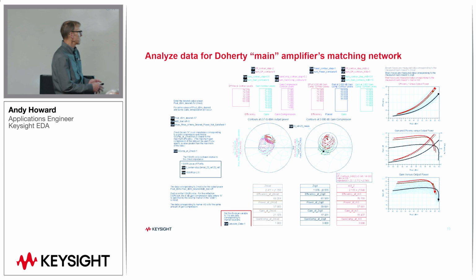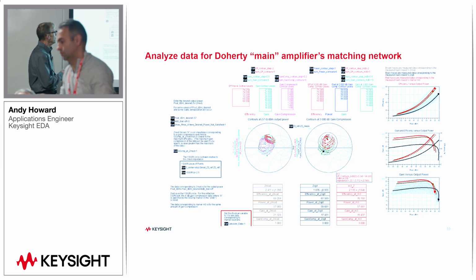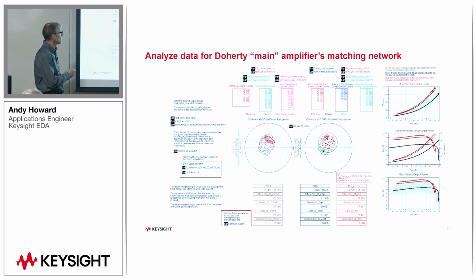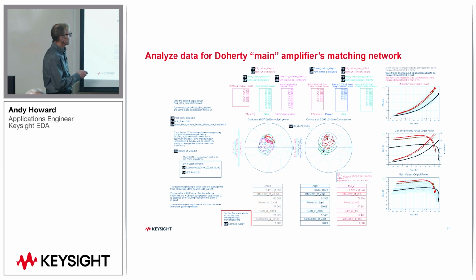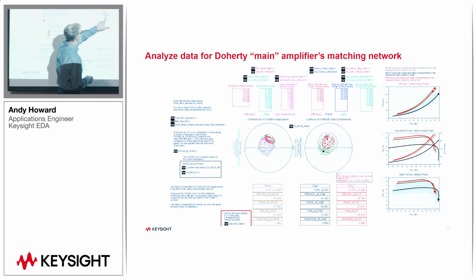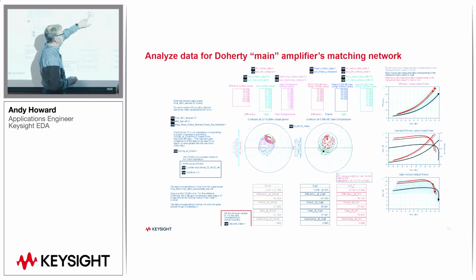The Z-mod impedance is found from this plot of the contours. And we typically would choose, although you can choose something different if you want, a gain compression level for the Z-mod impedance. In this case, it's 1 dB gain compression. This automatically finds the load on the 1 dB gain compression line that's closest to the maximum power added efficiency load. And then there's an X here, which you can't see very well. Then this draws a VSWR circle centered on that impedance.